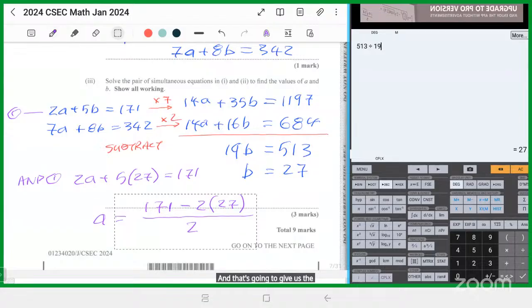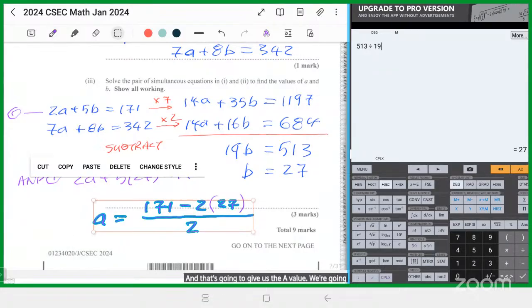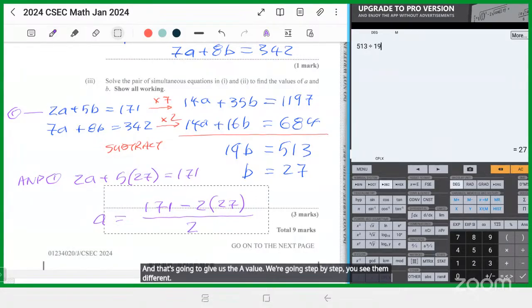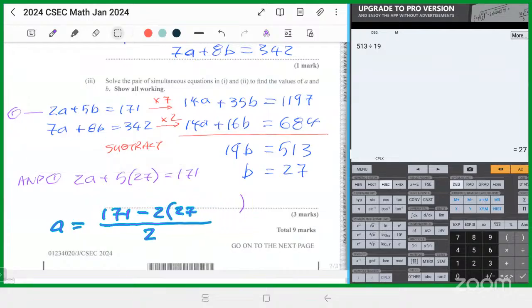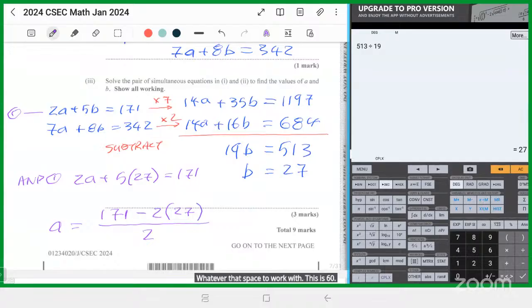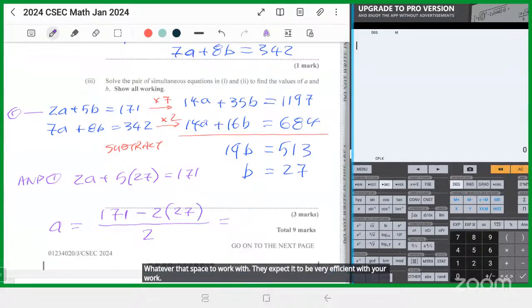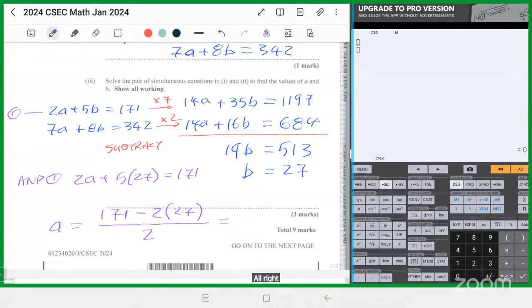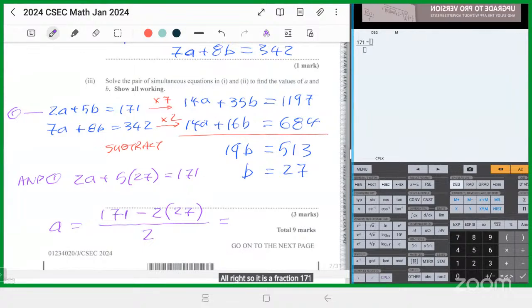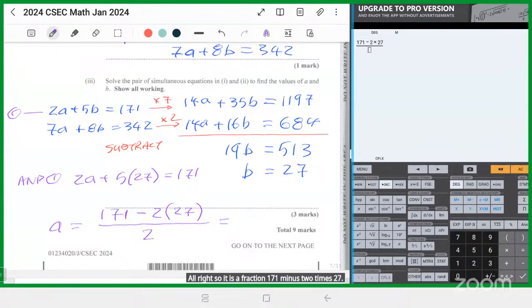We work it down step by step, same before. CSEC, you don't get a lot of space. They expect you to be very efficient with your work. All right, so it is a fraction, 171 minus 2 times 27, dividing that by 2.